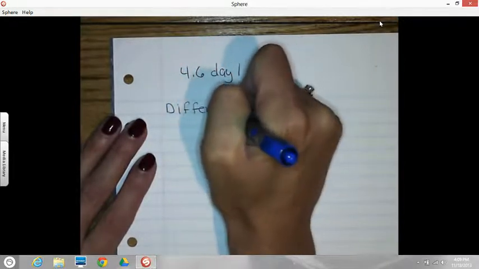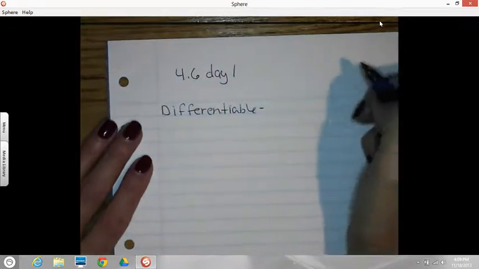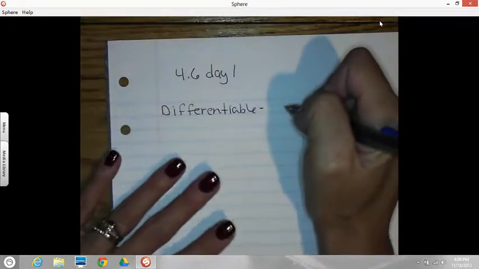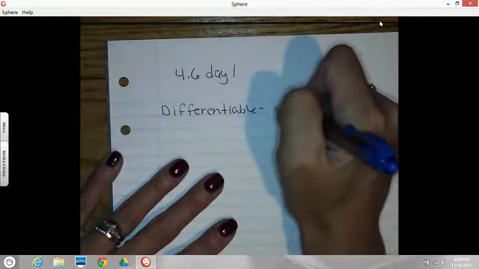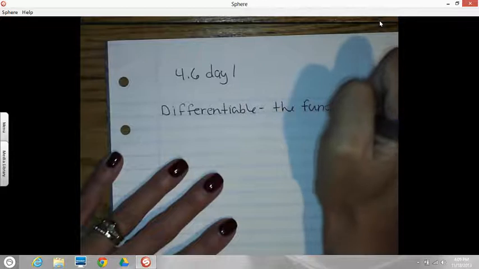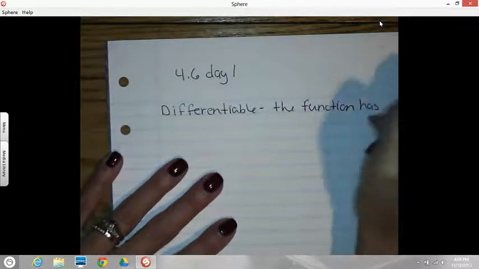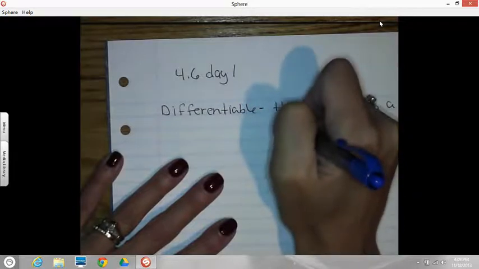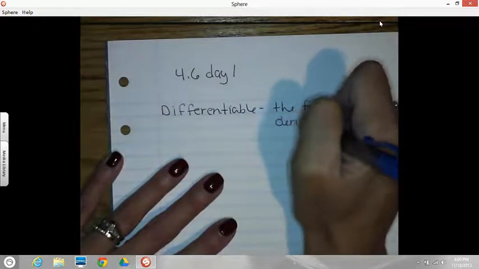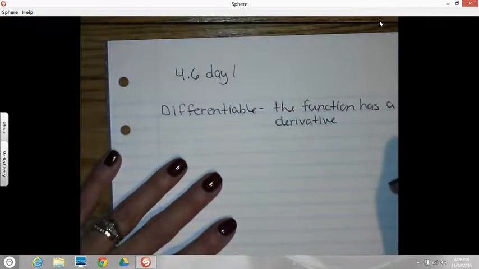Differentiable just means that the function has a derivative. So if it has a derivative, it's considered a differentiable function.